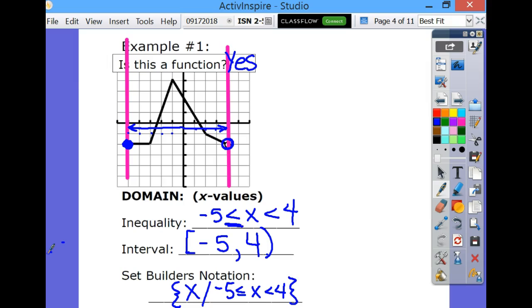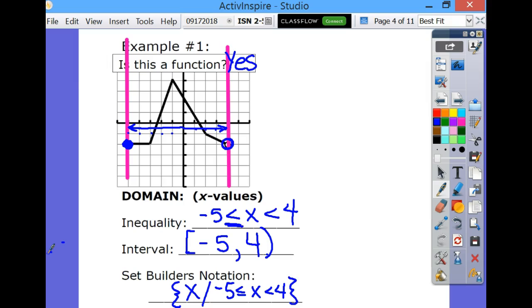It is not set builder notation if it doesn't have brackets. The rule for sets is they are in brackets. I saw that on the test, some people getting everything else right, but they left the brackets off. That is not set builder notation without the brackets.